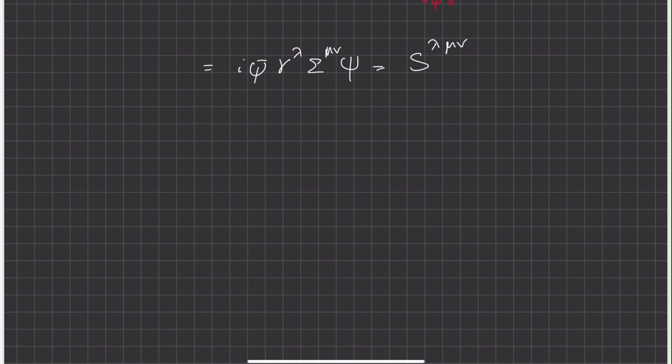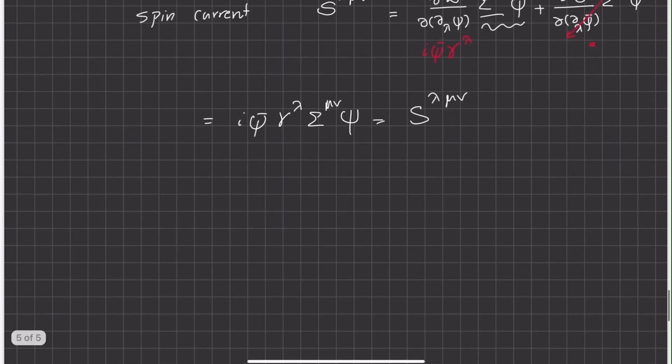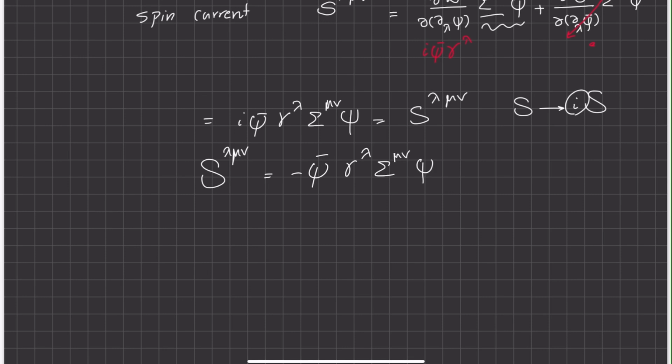Maybe for conventional reasons, we can redefine the spin current as S goes to iS. So we are going to add one extra i at the end of the definition of the spin current. S lambda mu nu is going to be minus sigma psi bar gamma lambda sigma mu nu psi, because we add this extra i as a convention.